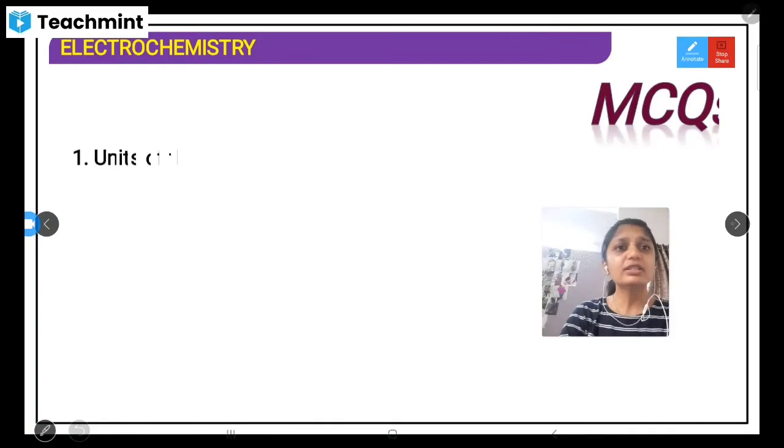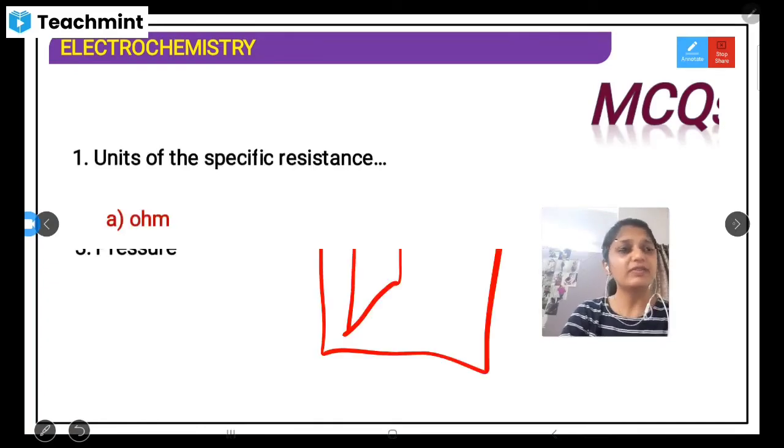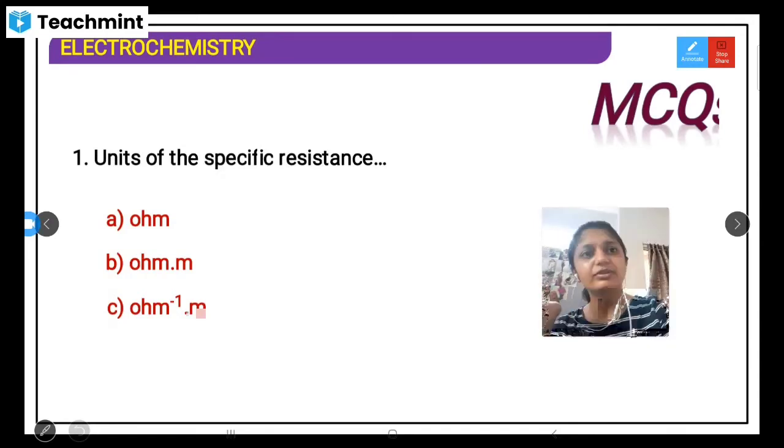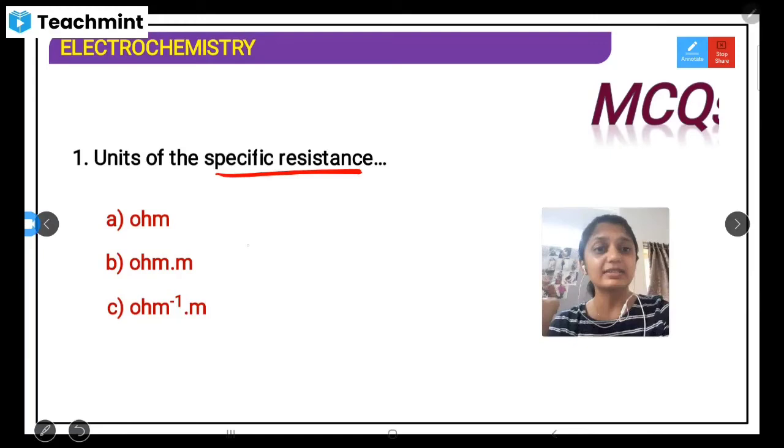So students, now you just give me the proper answer. Instead of centimeter, the larger unit meter can be used. Okay, give me the answer. B. Very good. Specific resistance, ohm into centimeter or ohm into meter.